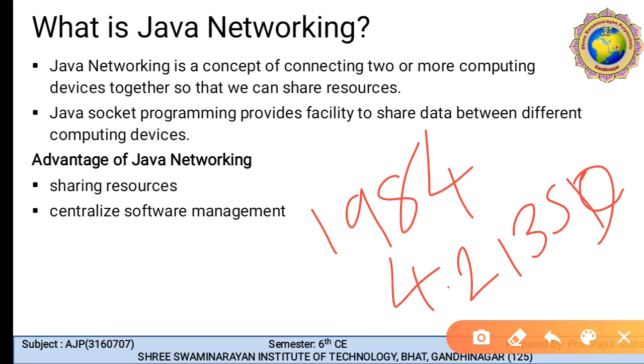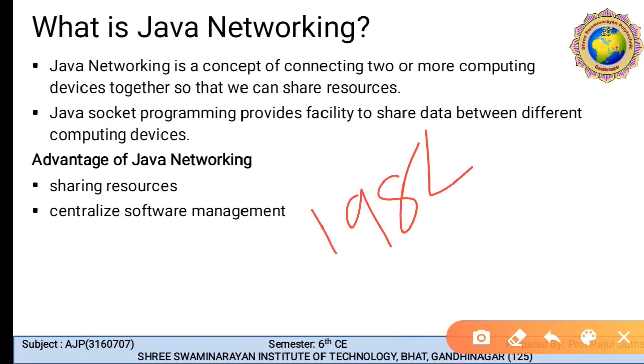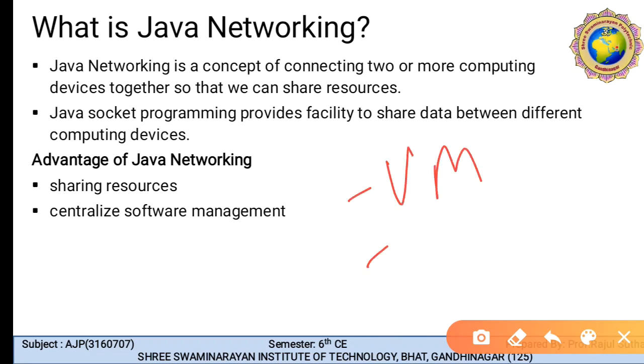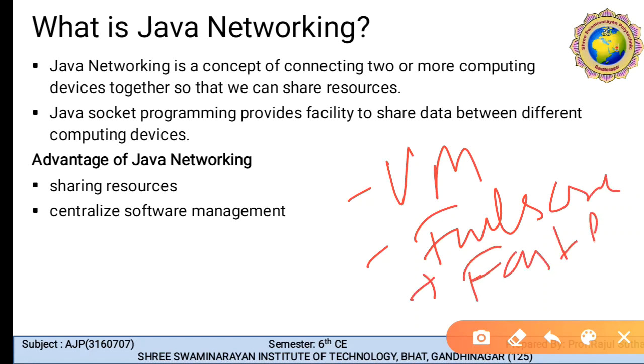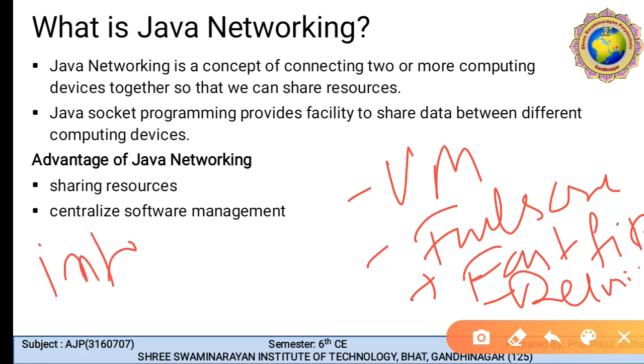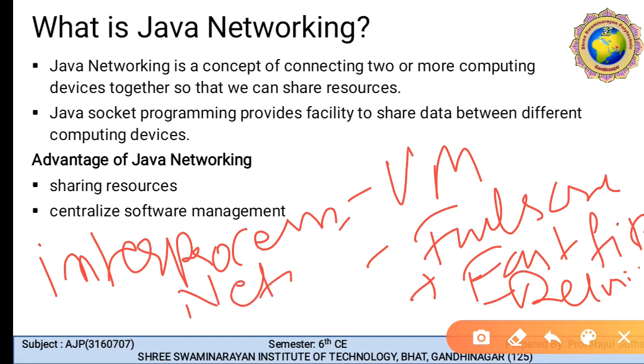It's commonly known as Berkeley Unix, with many new features such as virtual memory, full screen display, fast file transfer, fast file system, and reliability. It also provides inter-process communication and networking.